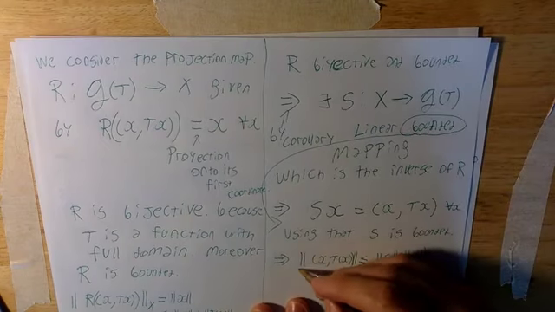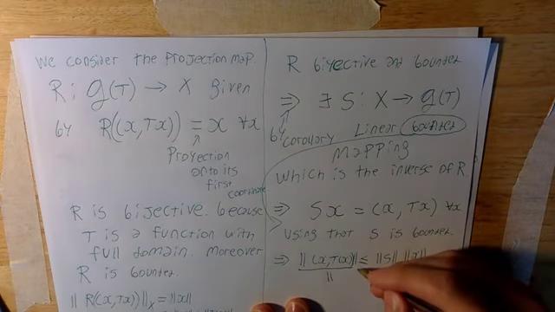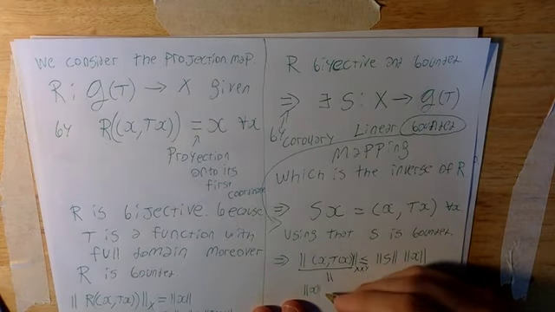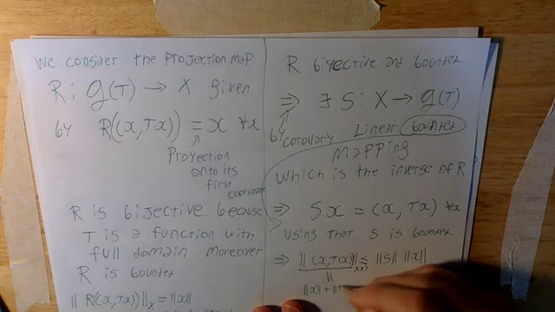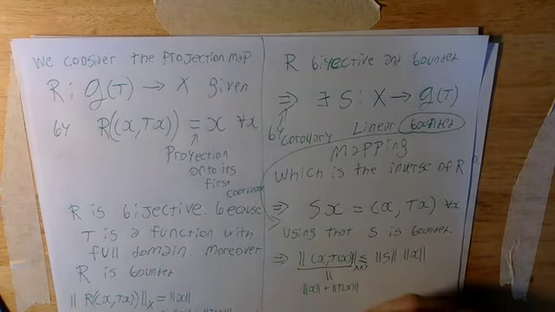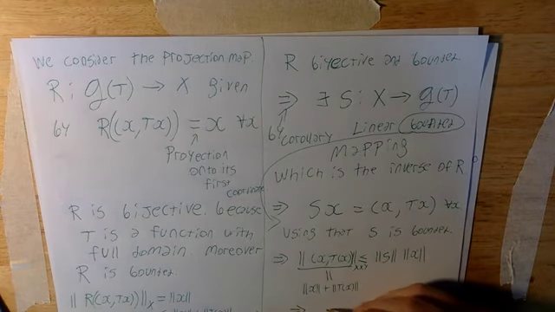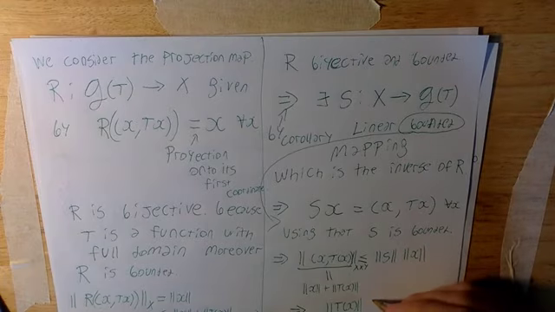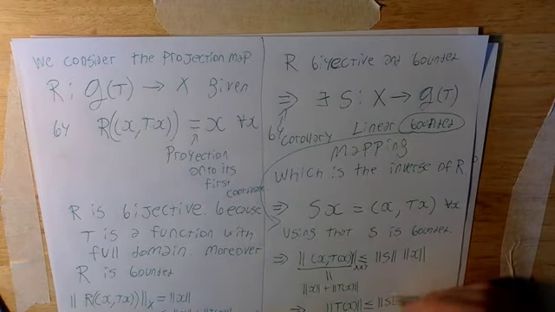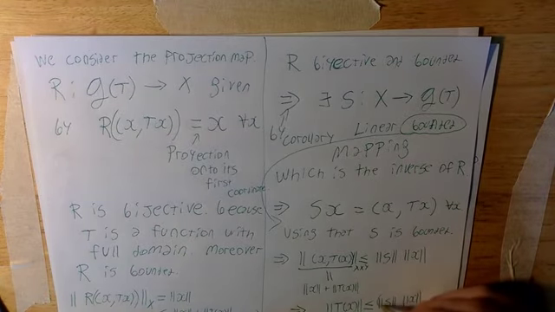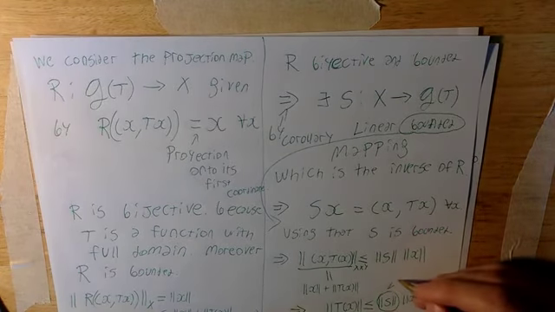But this thing here is the norm in the product topology X cross Y, so this is the norm of x plus the norm of T of x. So in particular, this implies that the norm of T of x is less or equal than the norm of S times the norm of x. But this is a finite number.